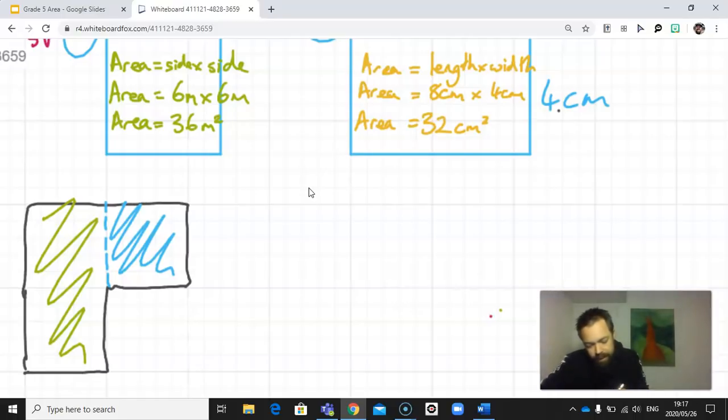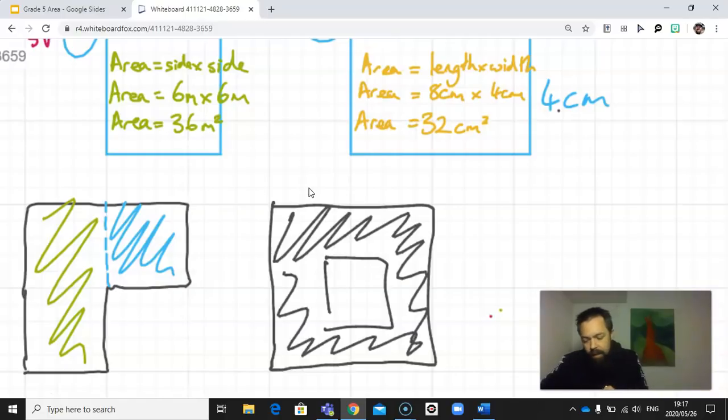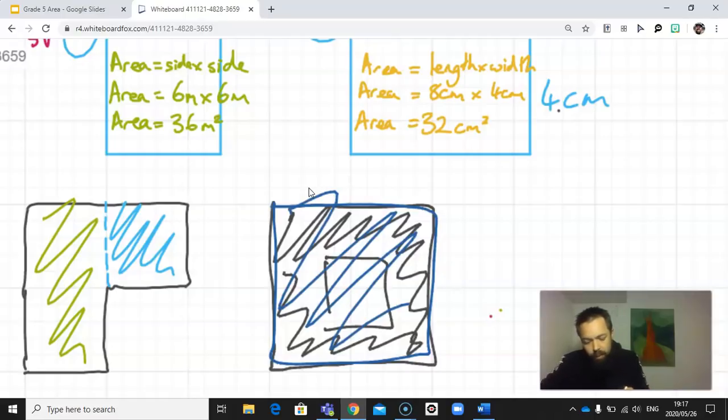You might also have a teacher who does something like this. Gives you a square with a piece missing out and says, what's the area of this part here? And what you're going to do is you'd work out the area of the whole thing, and then you'd work out the area of this part, and you'd minus that.